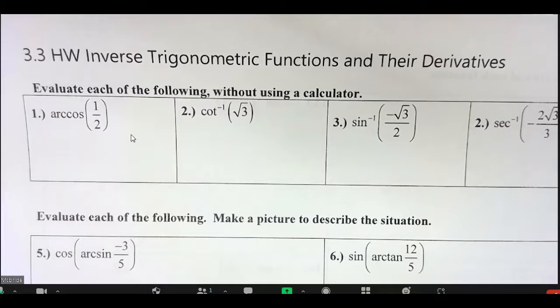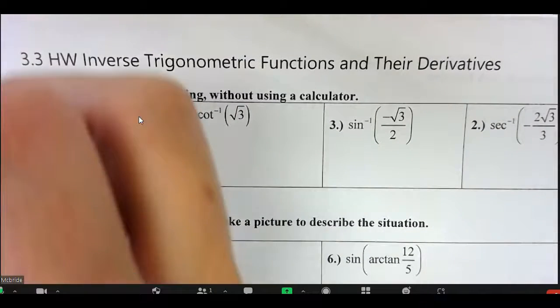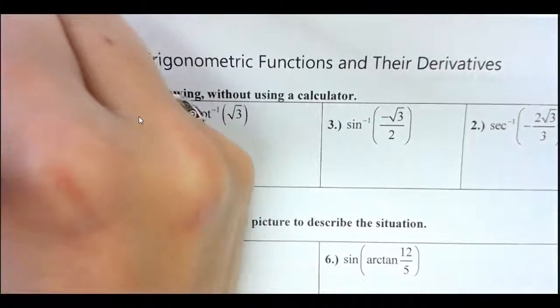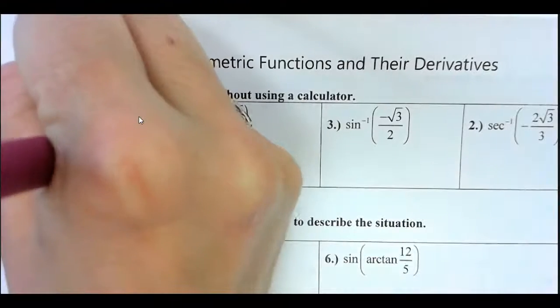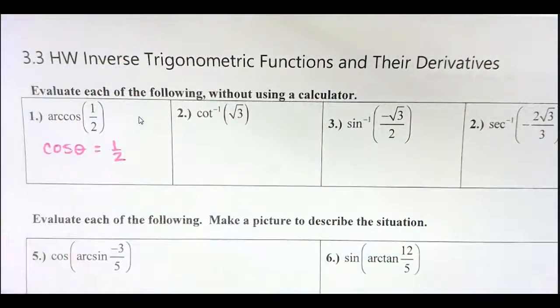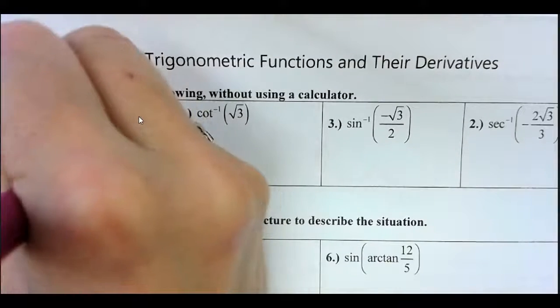The first page represents the inverse trig values on the unit circle. So like arc cosine of 1/2 is kind of saying, okay, the cosine of theta equals 1/2, so what angle gives that value exactly?